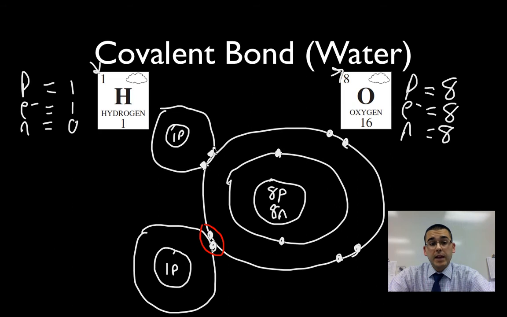Now, again, these two hydrogens have their outer energy level filled, but they're also filling oxygen's outer energy level all at the same time. So this is our other place where a covalent bond is occurring. So this is why water has 2 hydrogens.